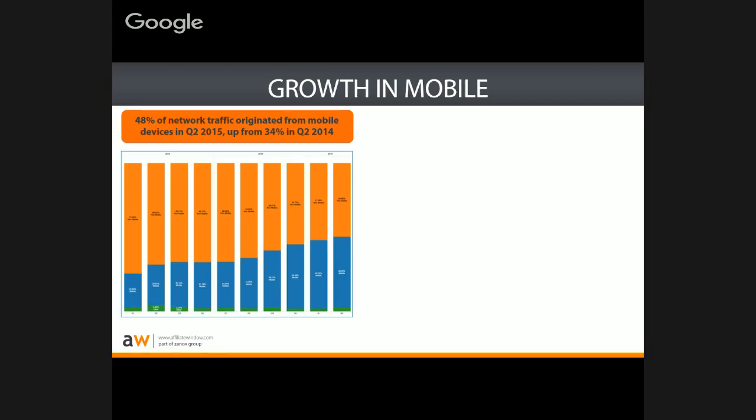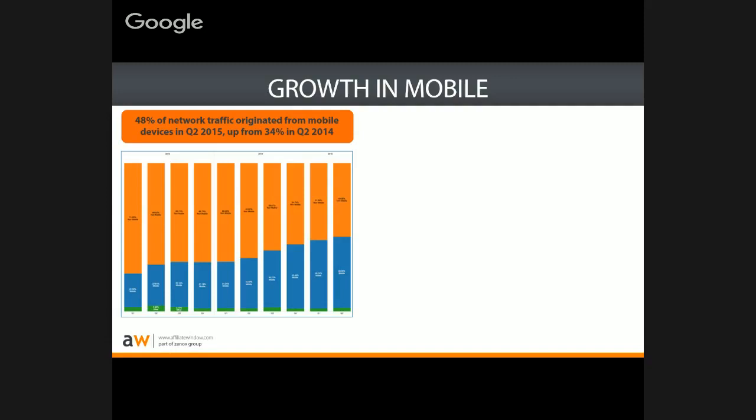And I think that more than anything else underlines the importance of making sure your tracking technology works across mobile devices. Interestingly enough, 48% of network traffic originated from mobile devices, and that was up from 34% at the same time last year.